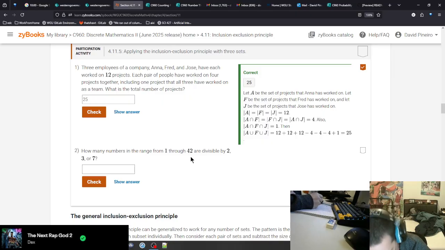Alright, so I'll call it D2, divisible by 2, D3, D7, right? And then I gotta find the intersections of these, so D2 and D7, D3 and D7, wait. This one, this one, this one.